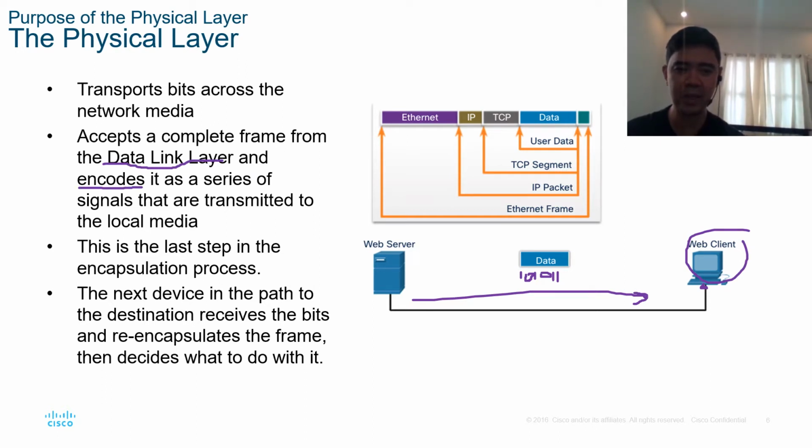We will discuss later what encoding is. After encoding, it will undergo the process of encapsulation. If it's transmitting, that is. In this case, the web client will receive it, so it will undergo the process of de-encapsulation. It will read, like for the LAN card, the MAC address, and then goes up to the different layers in the OSI.